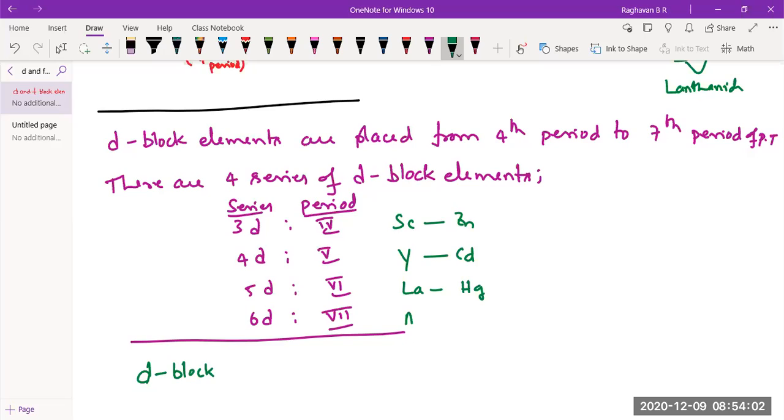Actinium to copernicium. Actually, it is also called ununbium, atomic number 112. Un is 1, bi is 2. That is the nomenclature.